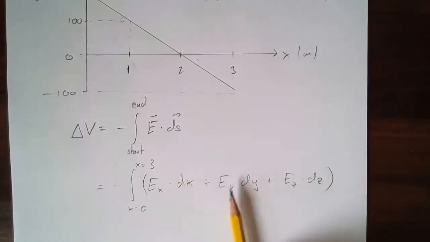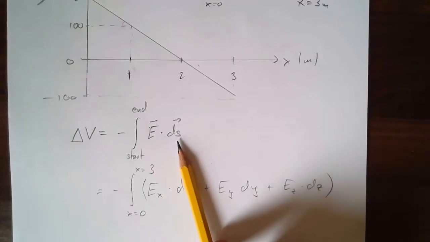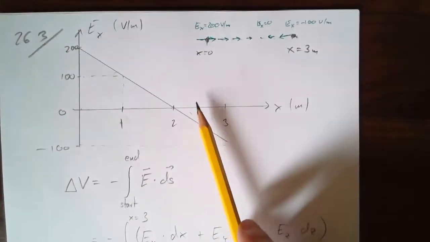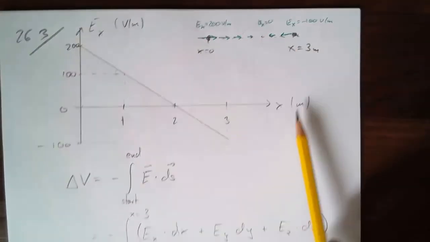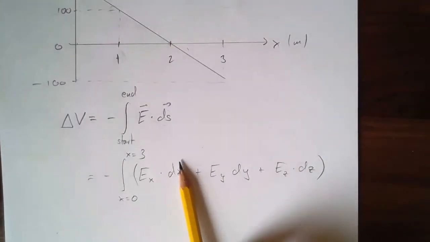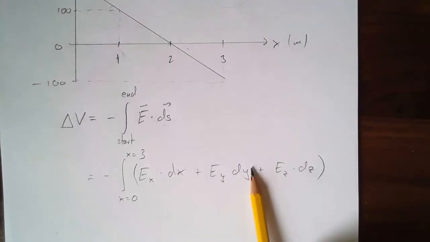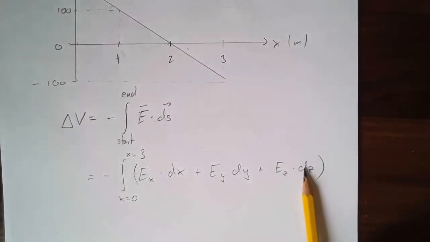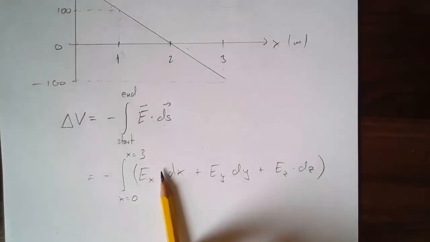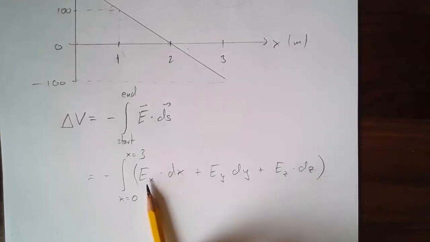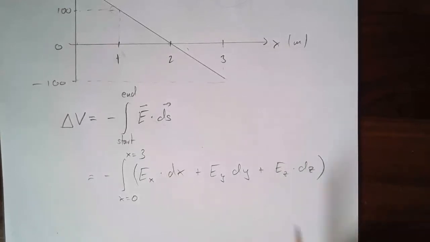This would be the general case if our path was not along the x-axis, but some kind of curved path from one point to the other. Well, along each step, we might change our x position a bit, our y position a bit, our z position a bit. And to figure out are we going up or down in the potential, we'd have to multiply each direction with the corresponding component of the electric field in that direction.